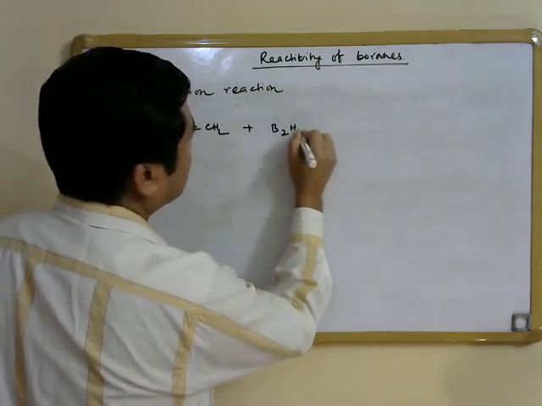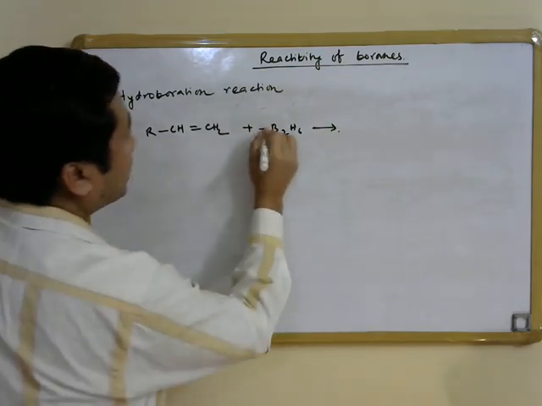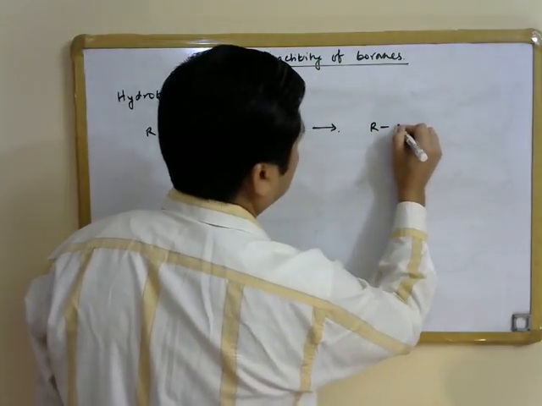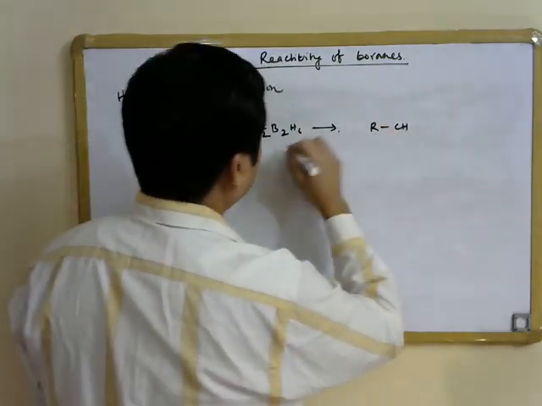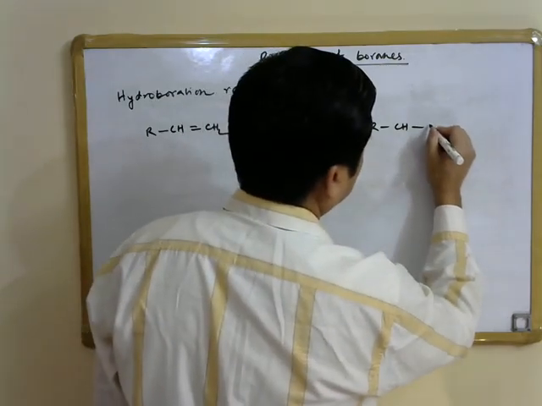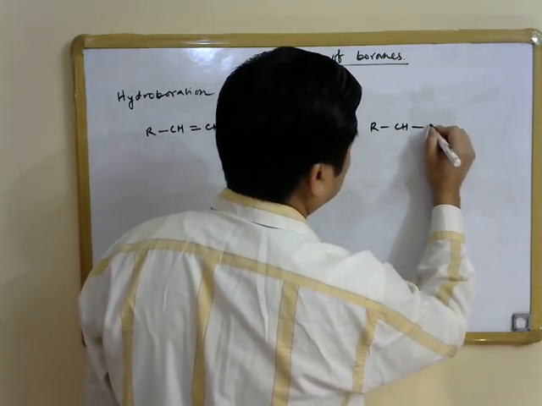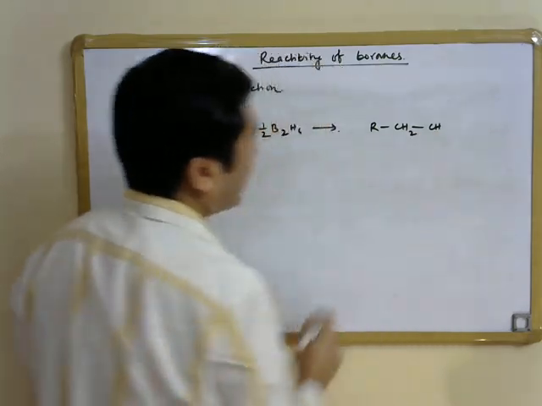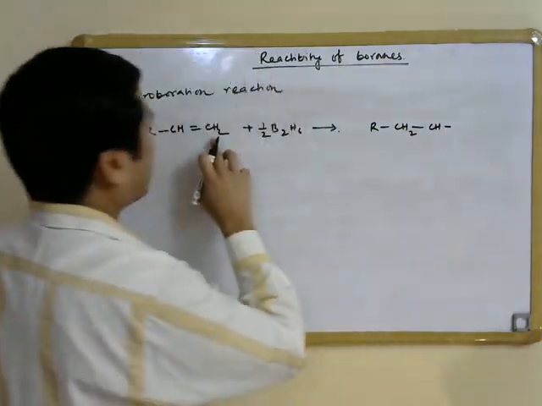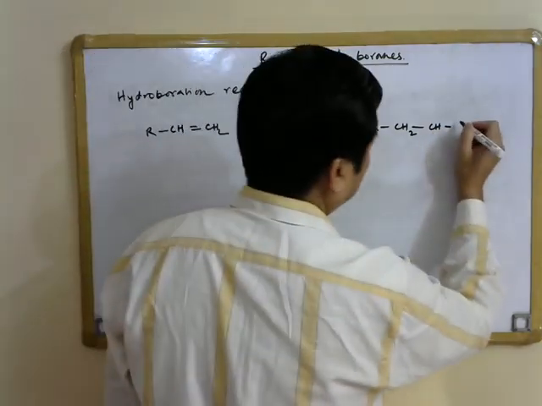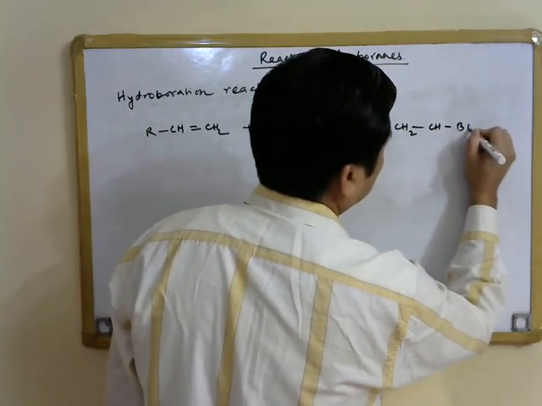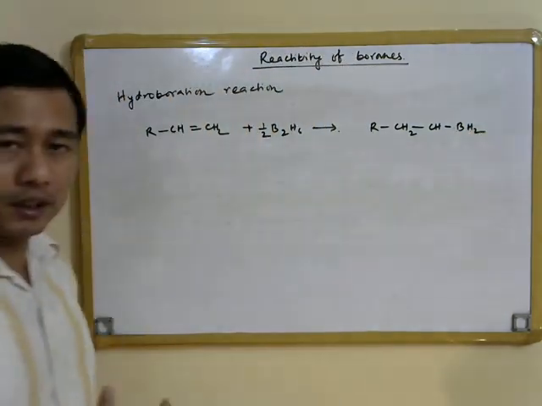So B2H6. What we will have is, let's put half over here, because then the hydrogen atom of the BH3 group will essentially be added to the more substituted carbon atom over here, and the less substituted carbon atom, or the terminal carbon atom of the olefin over here, will be attached to the boron center, and we will have this sort of an intermediate forming.